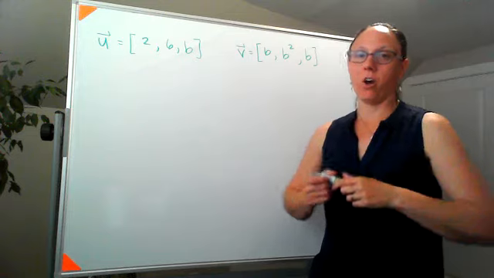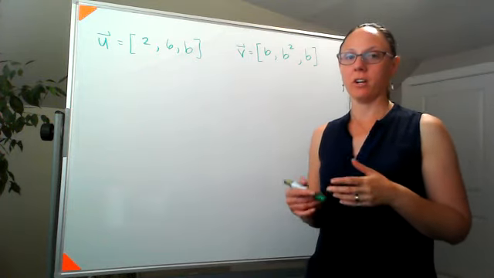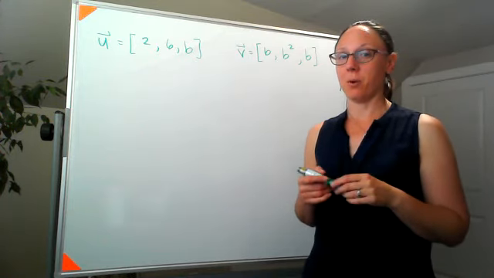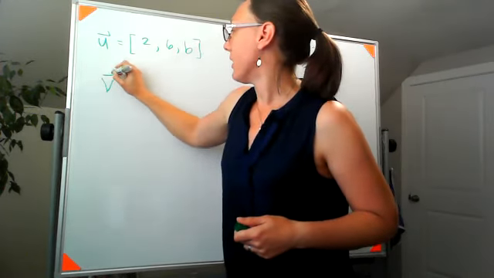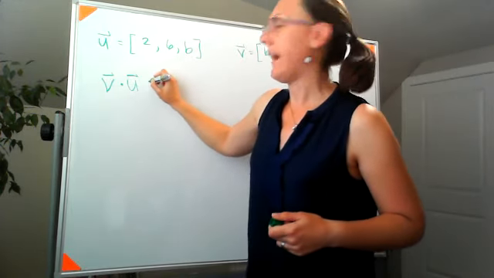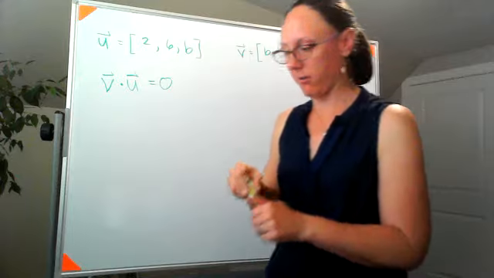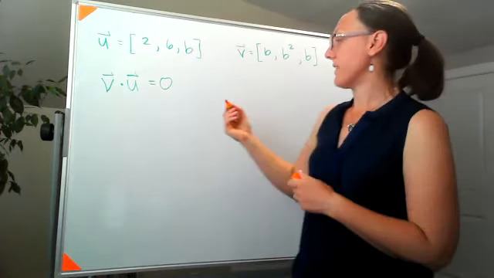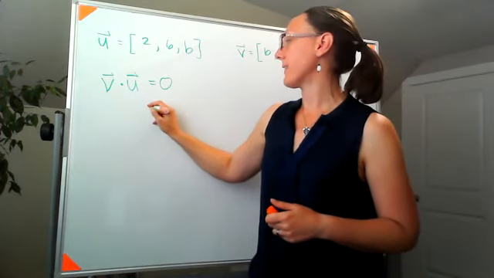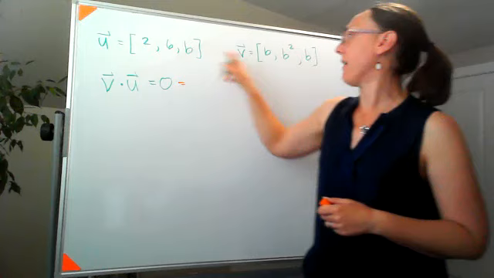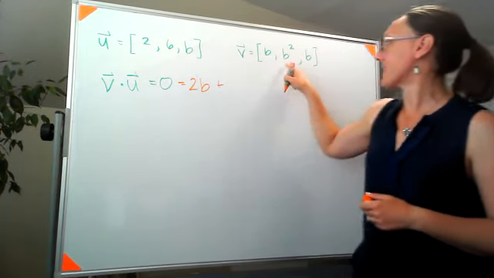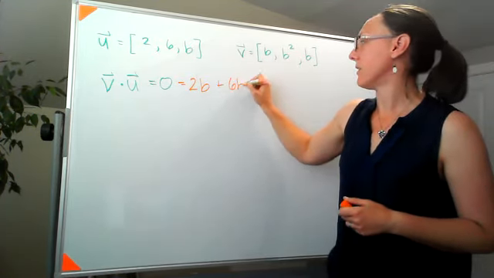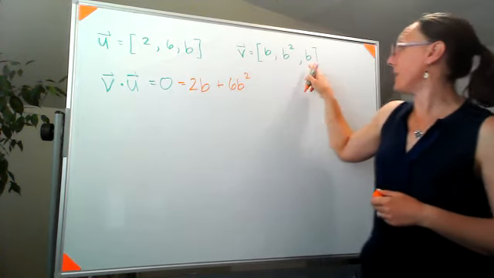Well, orthogonal always means perpendicular, and that means that our dot product needs to be 0. So v dotted with u has to be equal to 0. If I start to take that dot product, I'm going to have 2 times b plus 6 times b squared plus b times b.